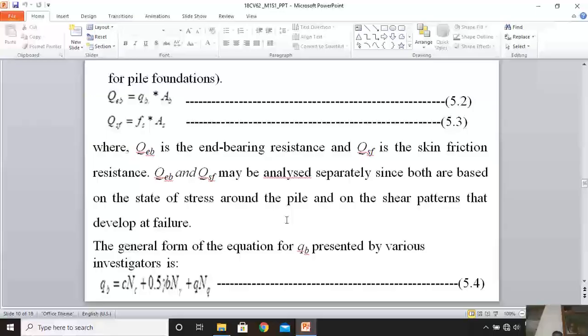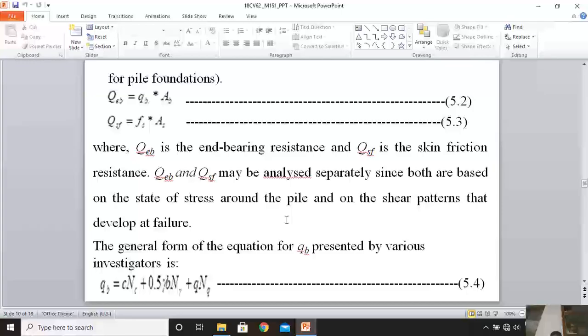The general form of the equation for QB presented by various investigators is given by the following equation. QB equal to CNC plus 0.5 times gamma B N gamma plus Q into NQ. In these equations, QB is the ultimate bearing capacity of the pile and C is the cohesion of the soil in kilonewton per meter square.